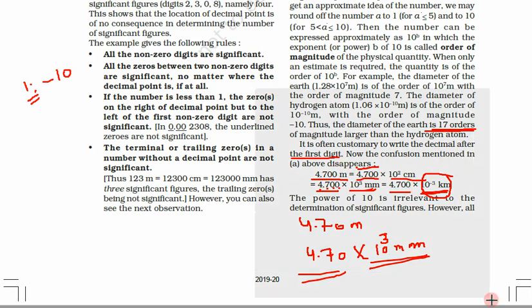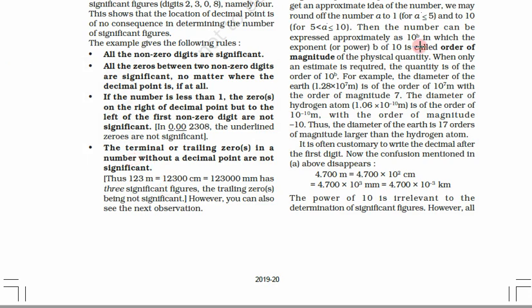So scientific notation is a much better way to represent significant figures. The power of 10 is irrelevant to significant figures. This power is only a conversion factor from one unit to another, but it is not changing the number of significant figures.